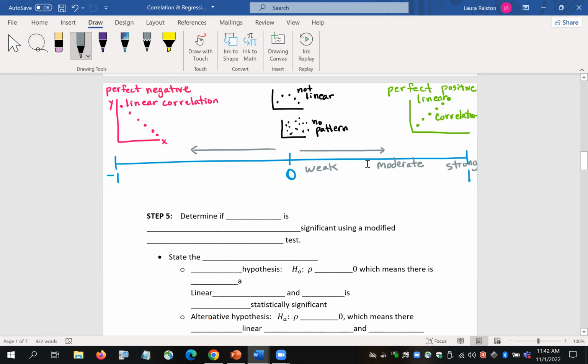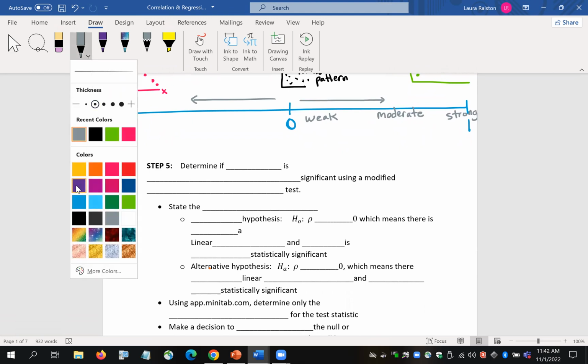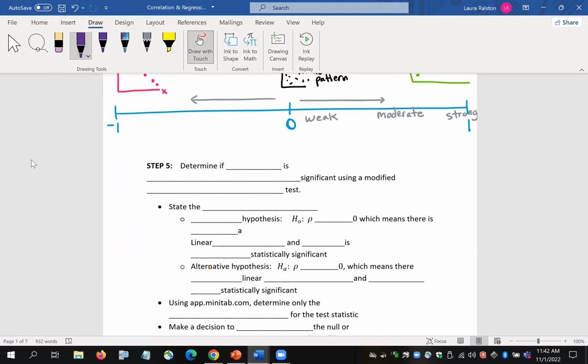Remember, we got to think about it. Is it statistically significant? Is it different enough from 0 or close enough to 1 to say, yeah, there is definitely a relationship? And the way we make that determination is we are actually going to do kind of a modified hypothesis test.